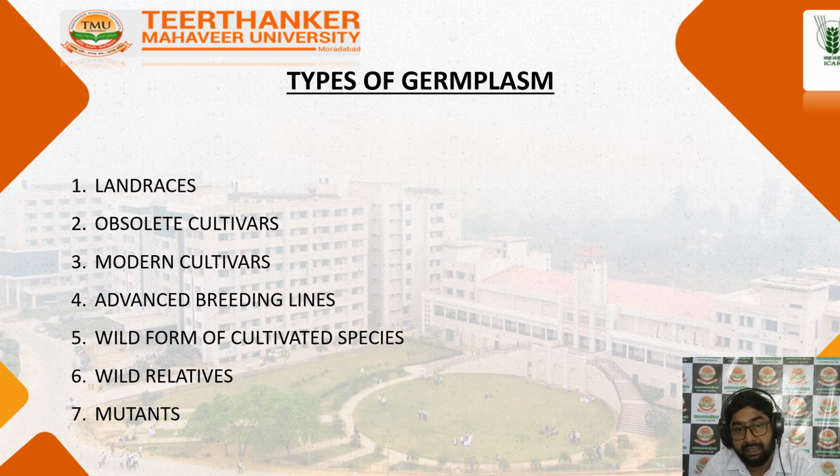That is very useful. Number seven, mutants. In nature, sometimes a lot of species and varieties change naturally due to ultraviolet rays and other factors. So that is the types of germplasm.